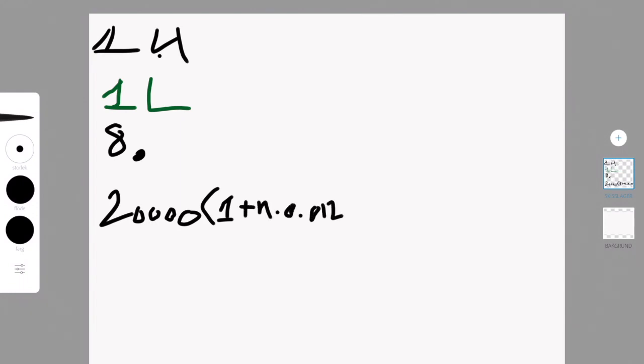And then on the other side, it would be 20,000 times 1 plus 3.5 divided by 12, because you're paying it 12 times a year, to the power of 24. In the question, it says that it is a 2-year guaranteed investment, which means that it would be 2 years.